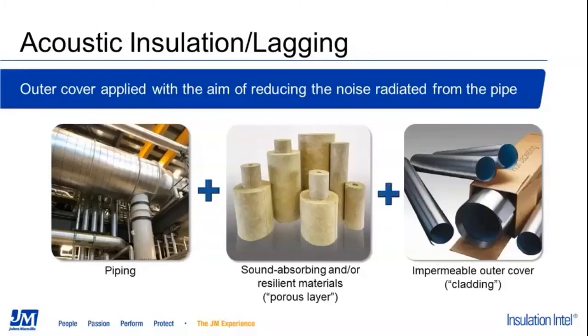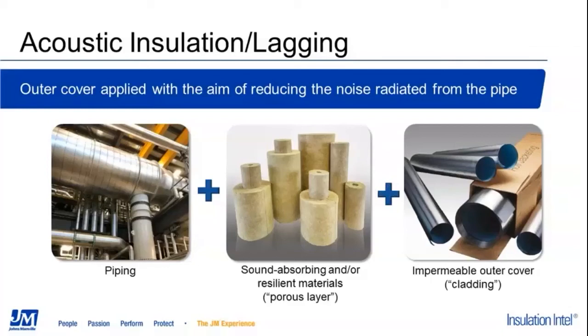But let's move on and try to focus on the pipe acoustic insulation side of this. This is predominantly where we see a lot of demand or requirement in the industrial area, looking at the system that you would apply over the pipe to try and minimize the amount of noise that is radiated from its surface.